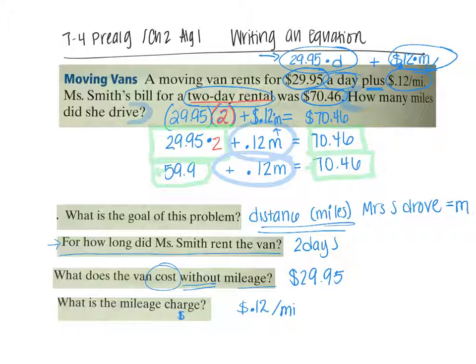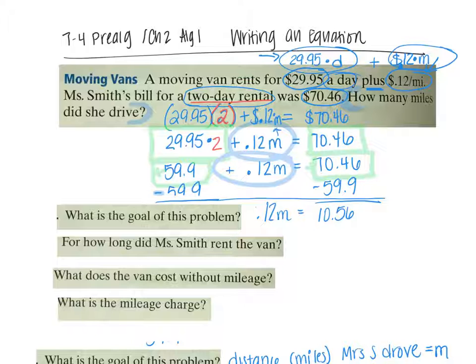So I want to get this 59.9 away from the side with my circle. How do I do that? I need to subtract 59.90 from both sides. And what is that going to give me? All right, hopefully you subtracted 59.9 from both sides, and you're left with 0.12 M equals 10.56.